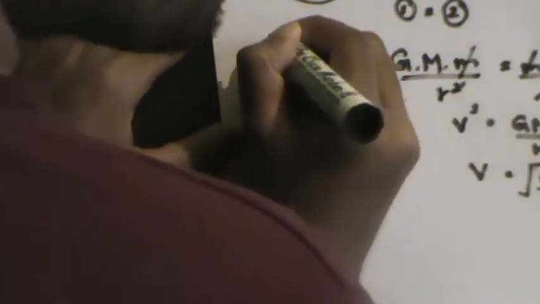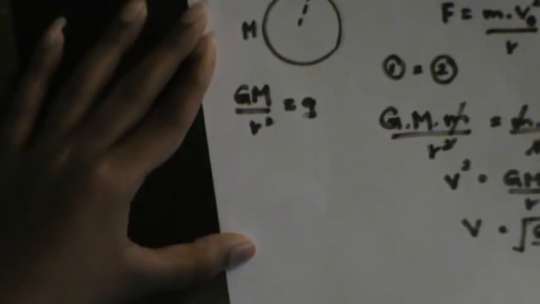Now there may be some problems in which the mass of the satellite, mass of the Earth is not given, as well as the value of G is not given. So in that case, you know from the first video in the series of videos on gravitation, I explained to you that GM by r squared is actually equal to the gravitational acceleration, g, right? GM by r squared is equal to g.